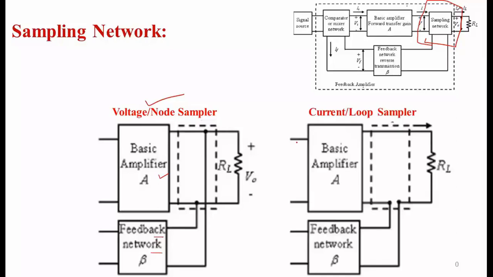In the other way, if we connect the input of the feedback network in a series manner to the output of the basic amplifier, then this is called the current sampler or loop sampler.